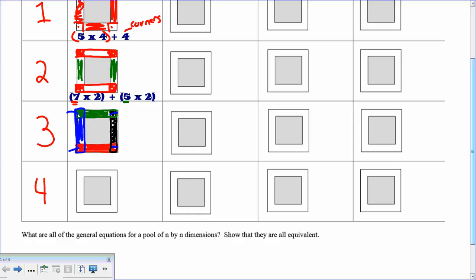So a common equation here is to say, okay, 7 times 4, because from edge to edge on the 4 sides, and then we just subtract the 4, and those are the corners that we counted twice.